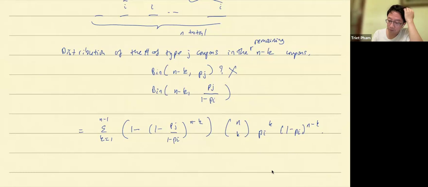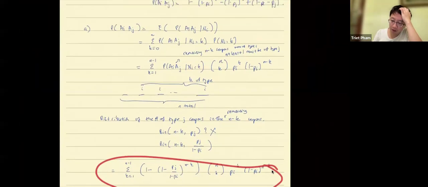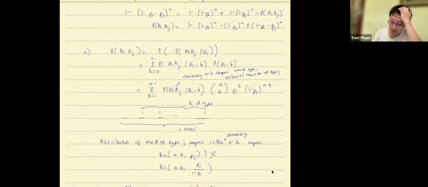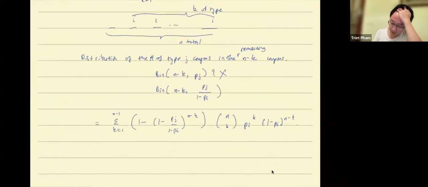So that's the answer. And if this answer is correct, it must be the same as the other answer. At least let me point out that there's some chance that this is true, because if you look at the common denominator here, you'll get 1 minus Pi minus Pj.